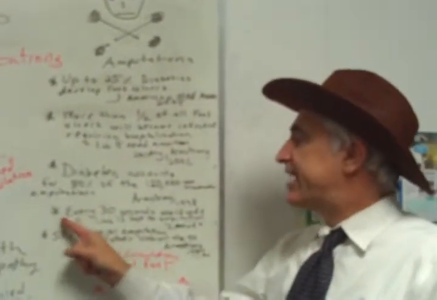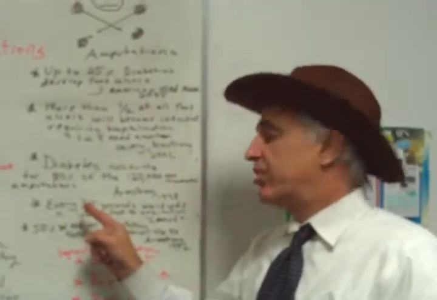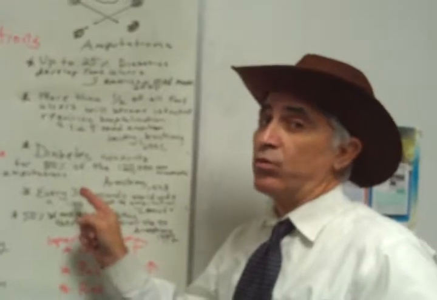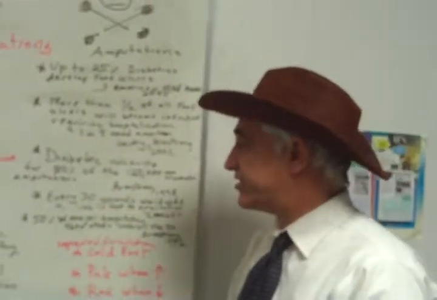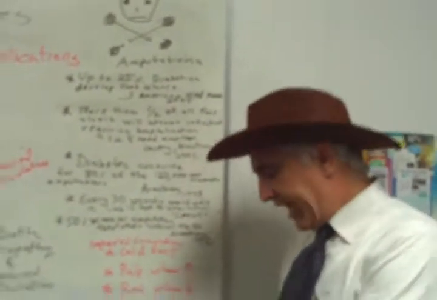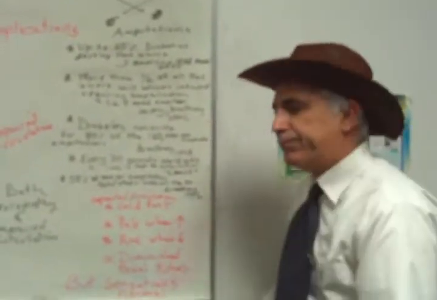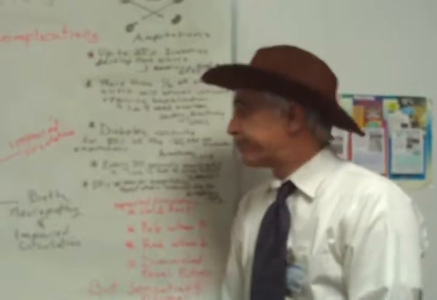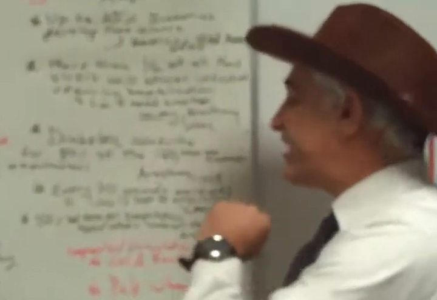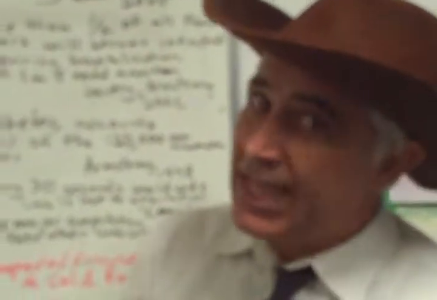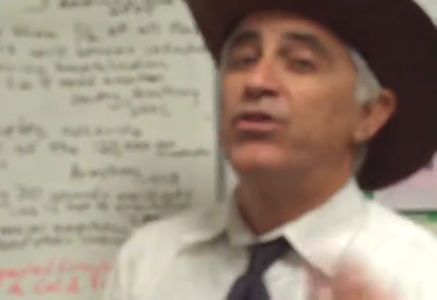Worldwide, it is said that every 30 seconds someone is having a limb removed due to diabetes. We're talking about some pretty serious stuff. If you have a below-the-knee amputation due to diabetes, you have a 50% chance of the other limb having to be amputated within 2 years.